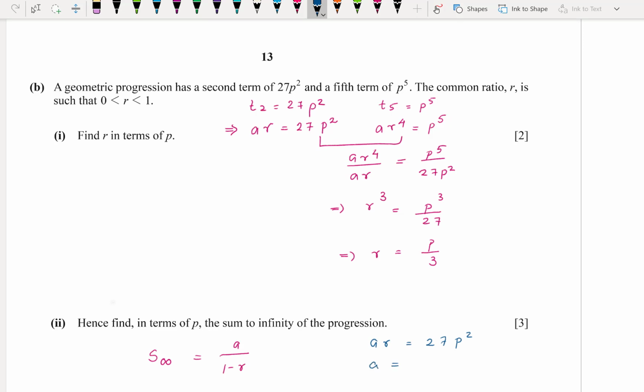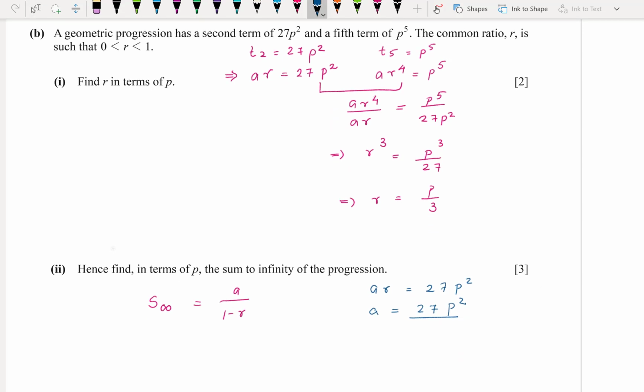So A will be 27p square divided by r, that is divided by p by 3. When we simplify this, it is going to be 81p. So 81p is the first term, or A. Let's substitute all of those things in here. This will be 81p divided by 1 minus the value of r, which we have already calculated. It is p by 3.